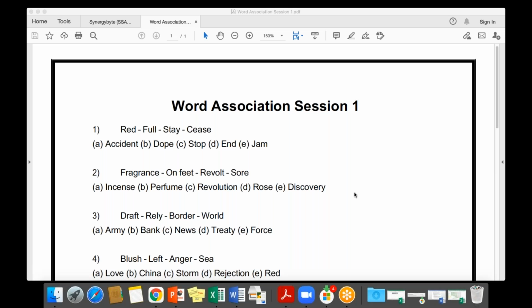Anyone who is thinking of any other word? Okay, perfect. Let's move to question number two. Fragrance, on feet, revolt, and soar.